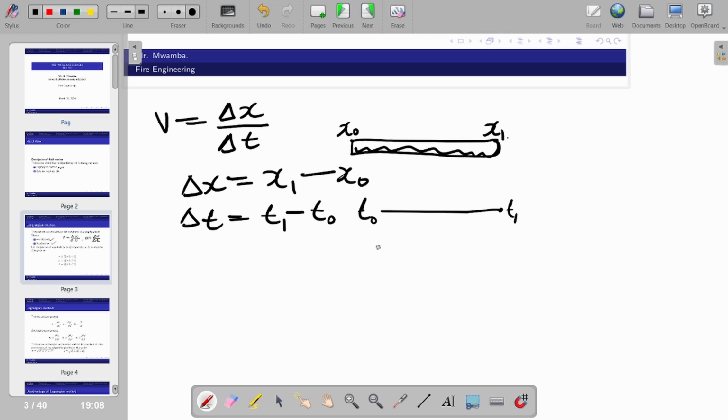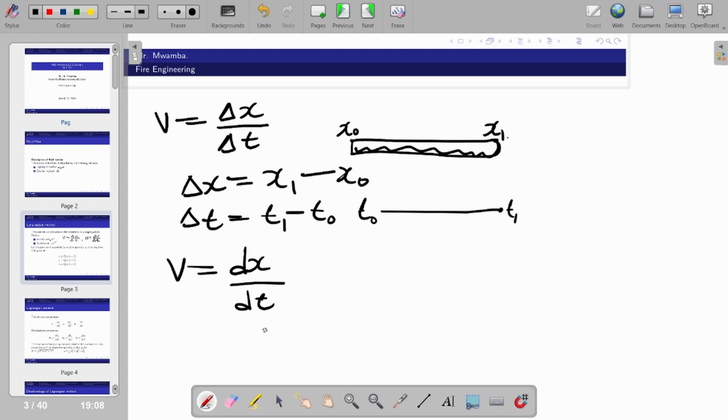Now if you want to find an instantaneous change, the instantaneous velocity is denoted by dx/dt, the change in the distance over the instantaneous change in time at a particular instant.